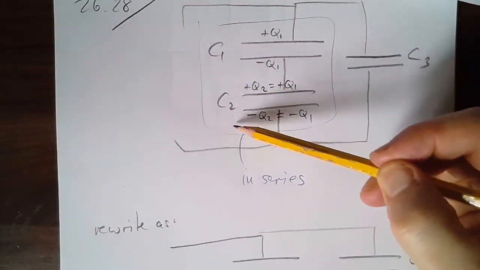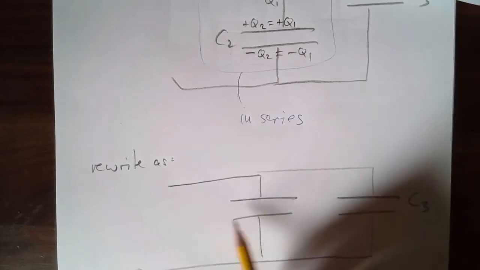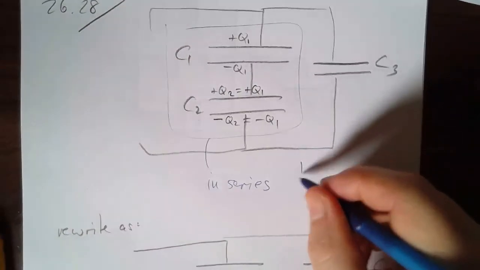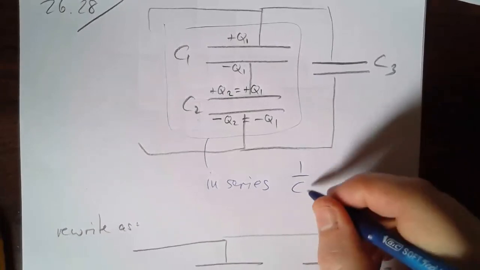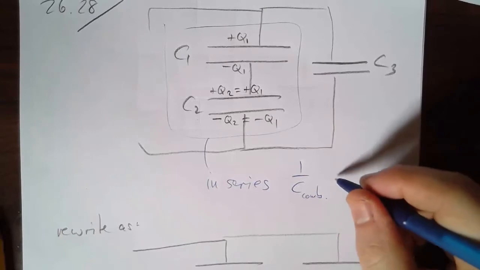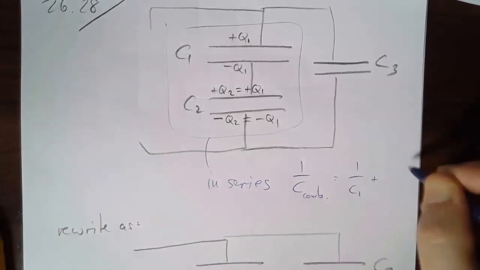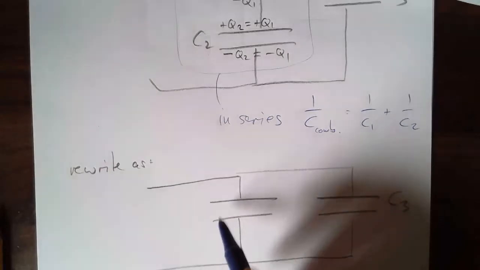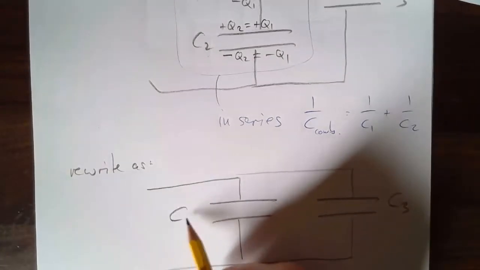It's not C1 plus C2. The combined capacitance is given by 1 over C combined is 1 over C1 plus 1 over C2, right? That's what we learned in a previous question. So this here is the C combined.